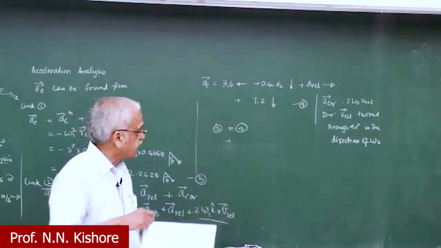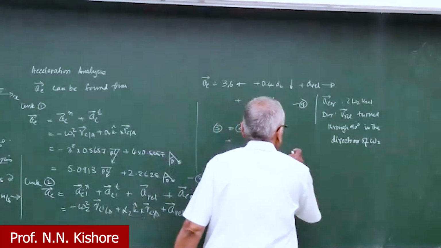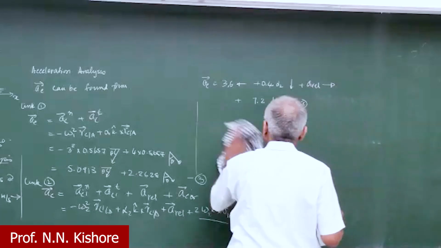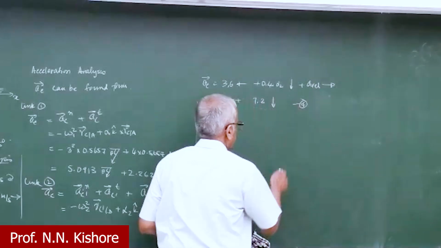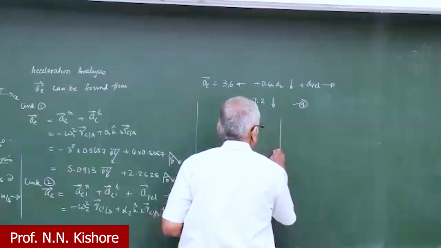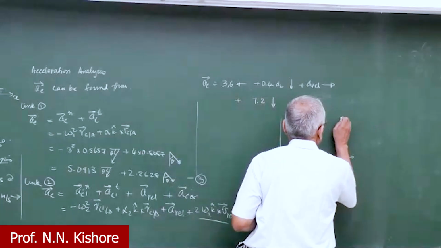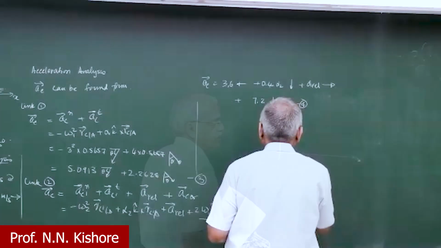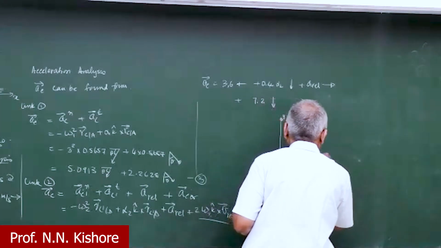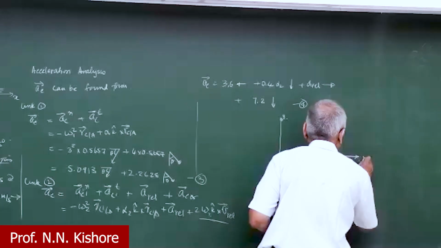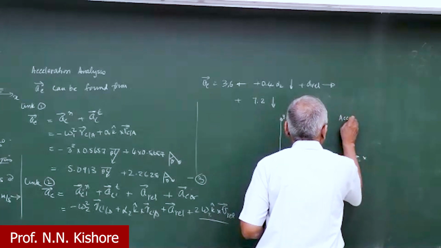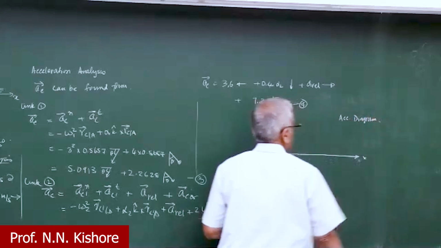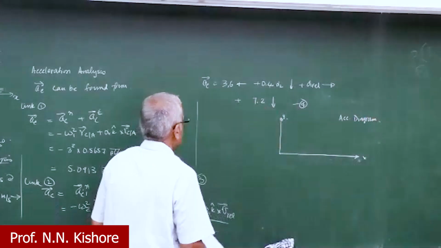So we have this first part, the acceleration of C, and then this is the origin, which also represents the two points A and B. If I write small letters for these things, and then we have this one, at 45 degrees.